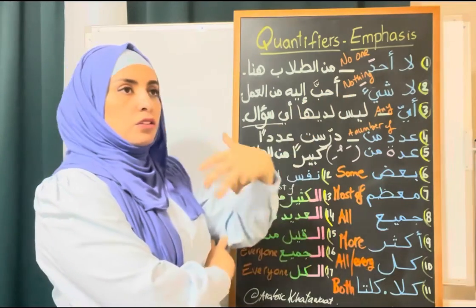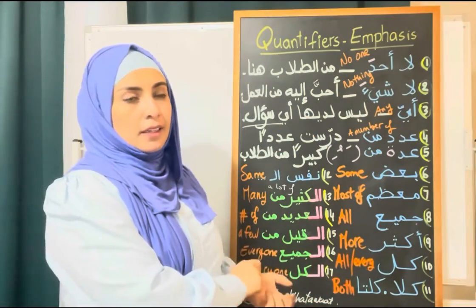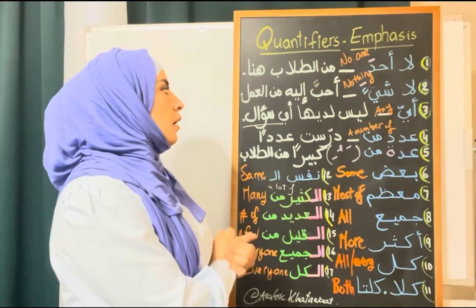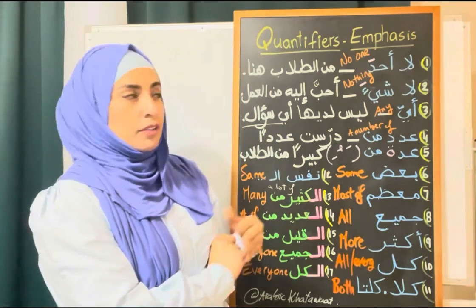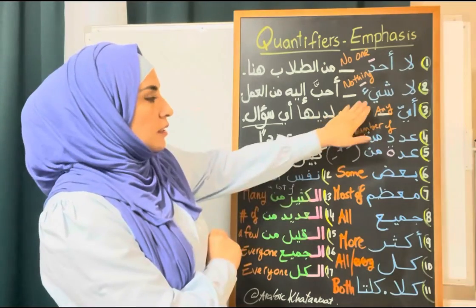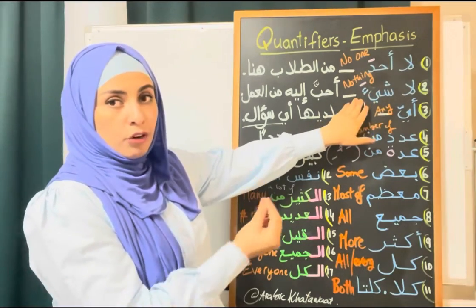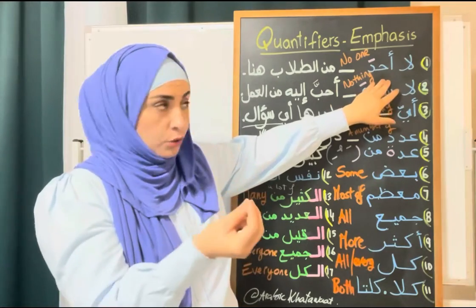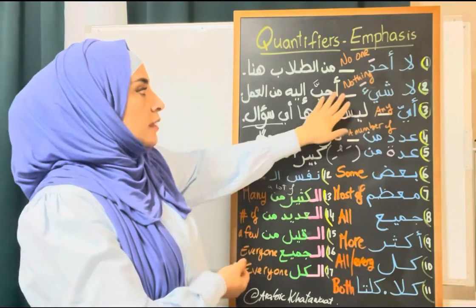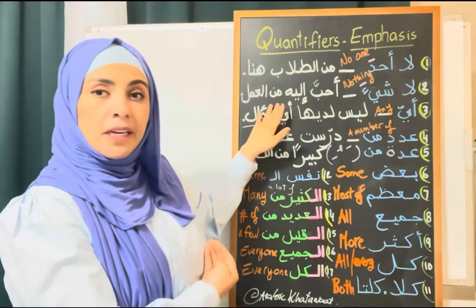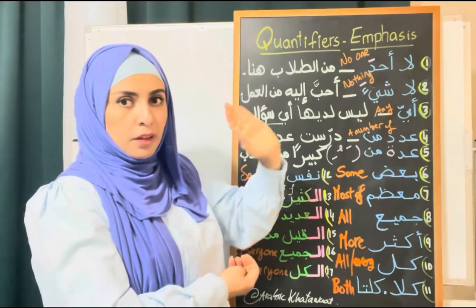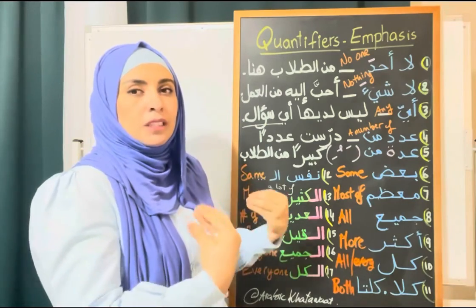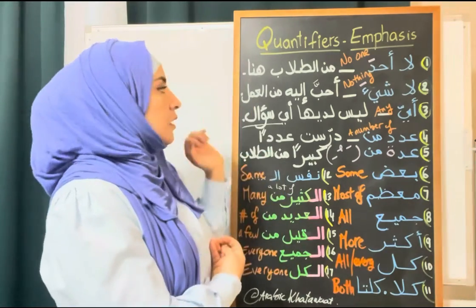But if I want to convey a deeper meaning, like nothing is dearer to him than his work or his family, I would say لا شيء to refer to work, and لا أحد to refer to a physical individual by saying لا أحد أحب إلى قلبه من والدته. No one is dearer to him, meaning closer to his heart, than his mom.